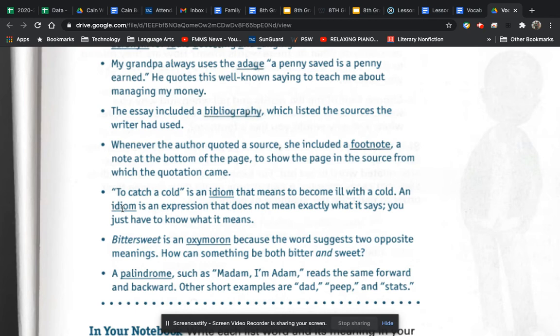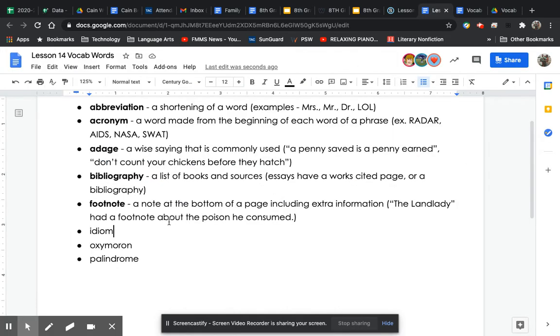It's raining hard, right? That is something we all just know what it means. There's not actually cats and dogs flying from the sky. That might be terrifying. So an idiom is a commonly used phrase that is not literal, but people know what it means.